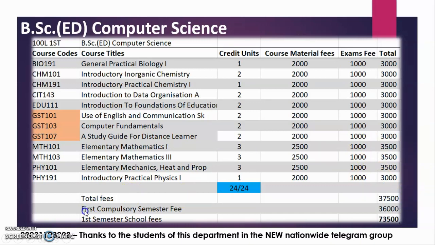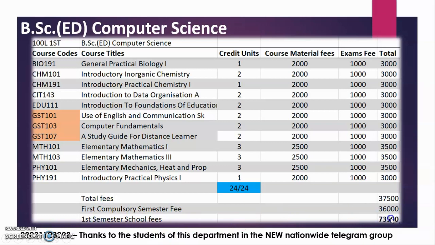Now there's a compulsory fee that every student pays. First time in school, your first compulsory fee is 36,000, be it undergraduate or postgraduate, masters or PhD. You are paying this 36,000 in your first semester. But after that, look at this.